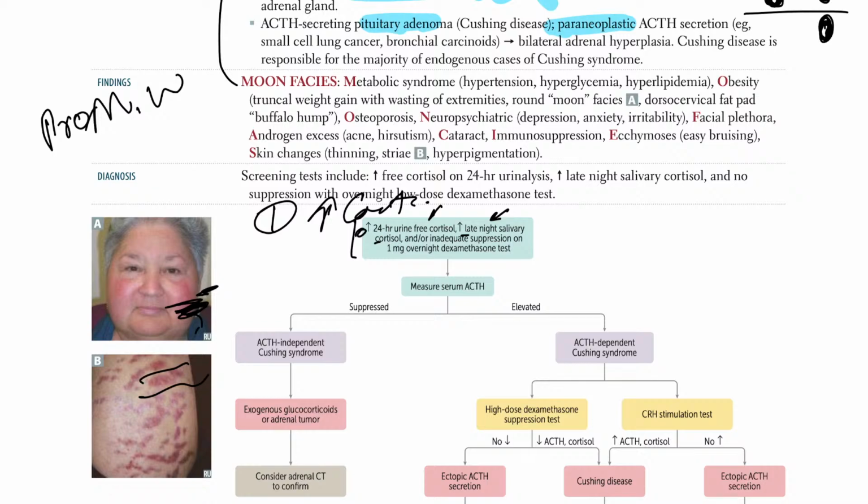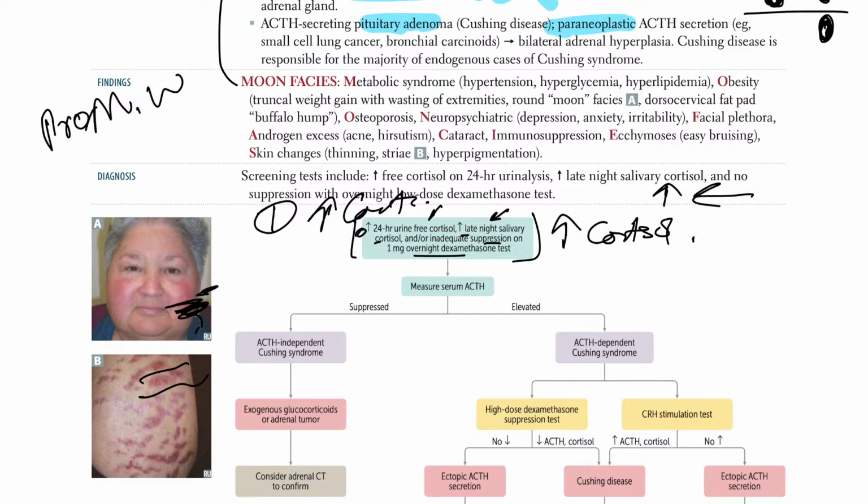Normally the cortisol should be very high just when you wake up. Here you have high late night salivary cortisol, which is inappropriate. That's the second thing. Third thing is you have inadequate suppression on the low dose dexamethasone test. So this essentially establishes that we have increase in cortisol, right?